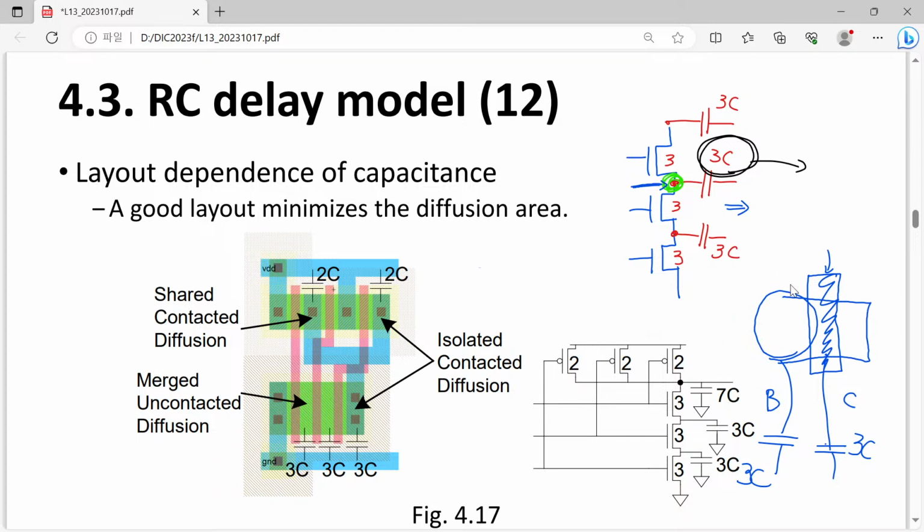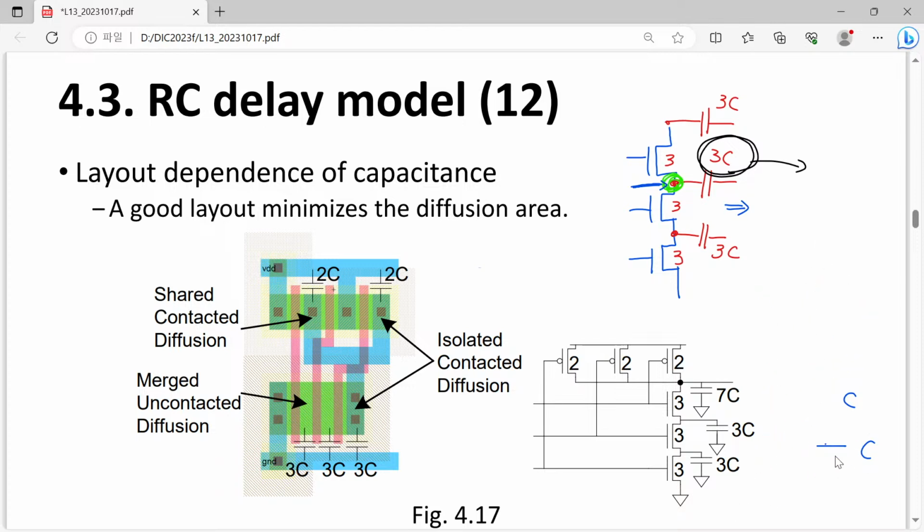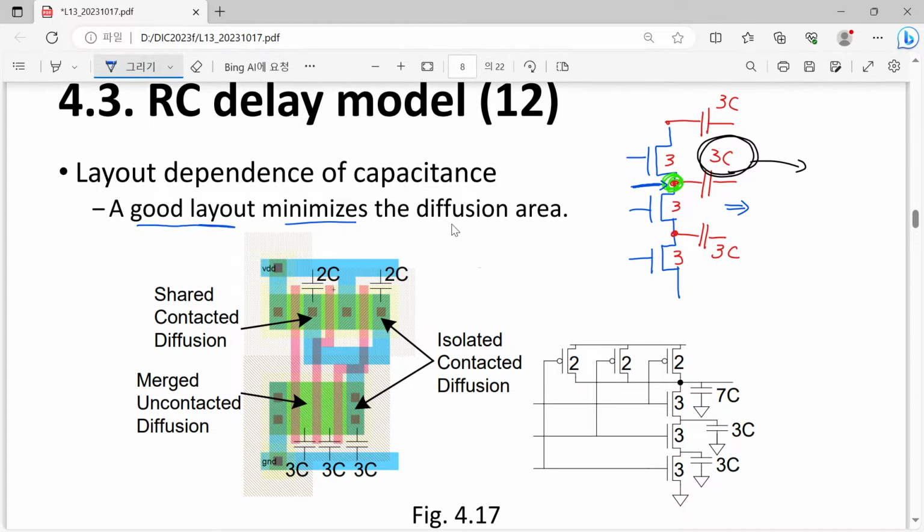Okay, so depending on the layout, actually we can find different capacitances. So simply speaking, a good layout minimizes the diffusion area. Why?